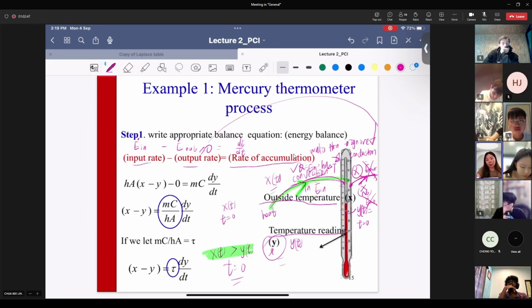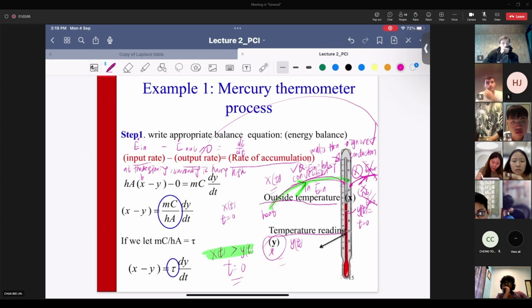Because at the beginning, you assume the surrounding temperature is higher, so it's x minus y. The surrounding is having higher temperature.